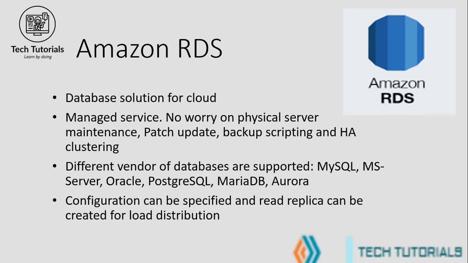RDS provides us databases from different vendors like MySQL, MS SQL Server, Oracle, Postgres, MariaDB, and its own service, Aurora. We can specify configuration while launching those servers. We can also create a read replica of those databases, which is used to distribute read traffic of the server.